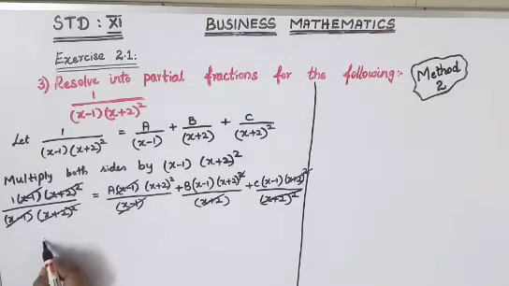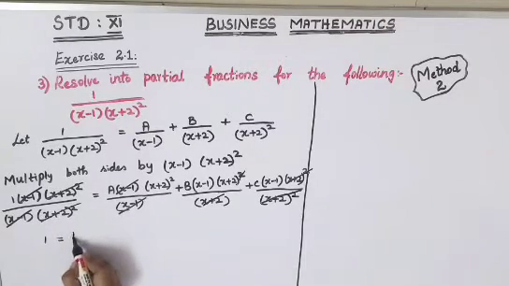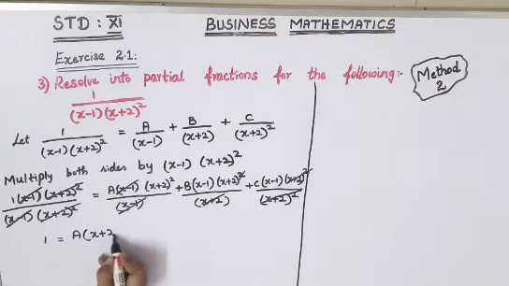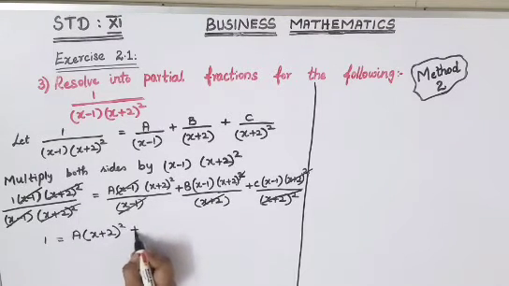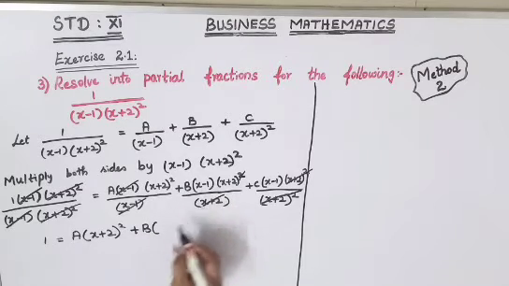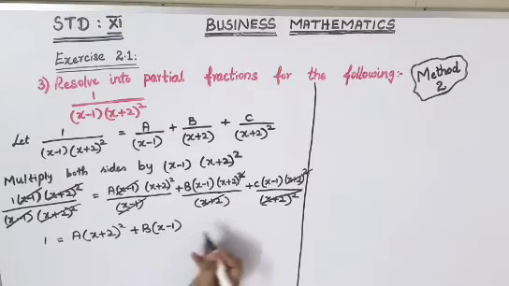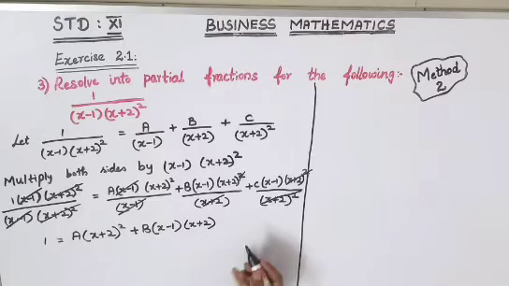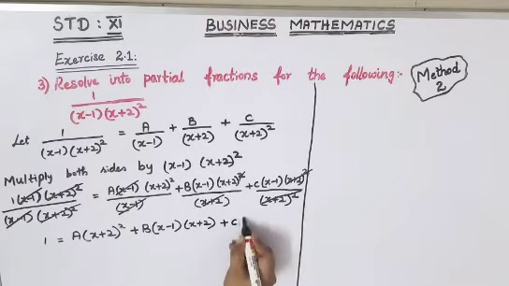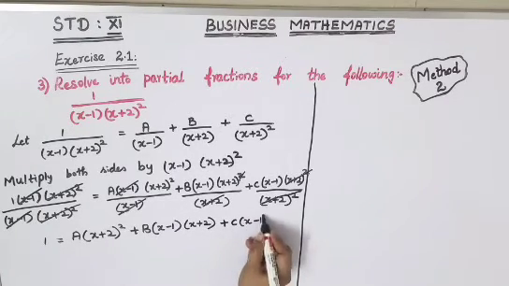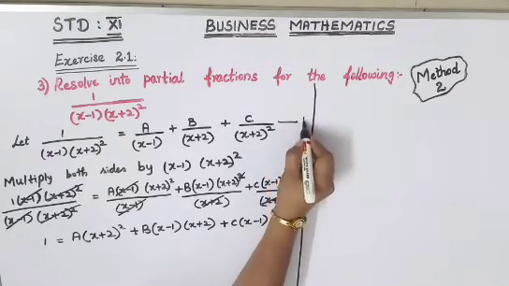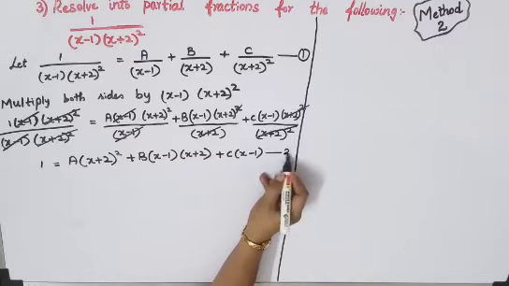So the left out terms are: 1 is equal to a into (x plus 2) the whole square, plus b into (x minus 1) and one more (x plus 2), because only one x plus 2 we have cancelled, plus c into (x minus 1). We will declare this as equation 1. This we will declare as equation 2.